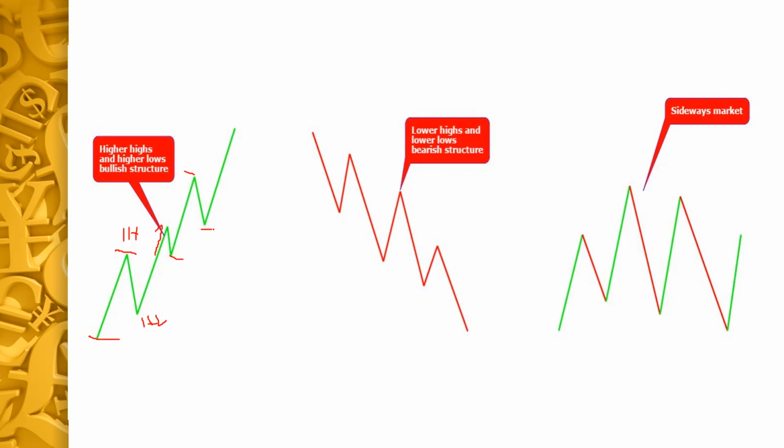The next one in the middle is the opposite, where price starts going down, making a lower low here, pulls back up, gives us a lower high, and another lower low and another lower high.